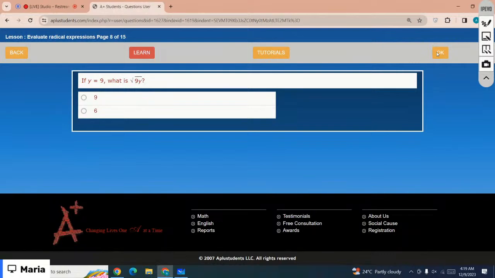Yes, it is square root, 9 times 9 is 81, and the correct option is 9, right? The correct option is 9.